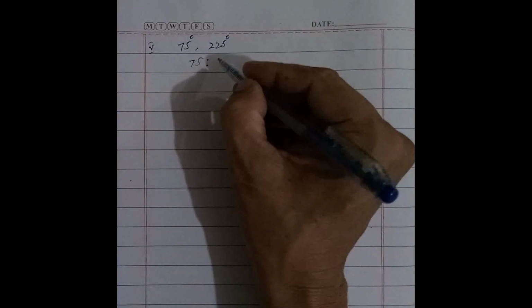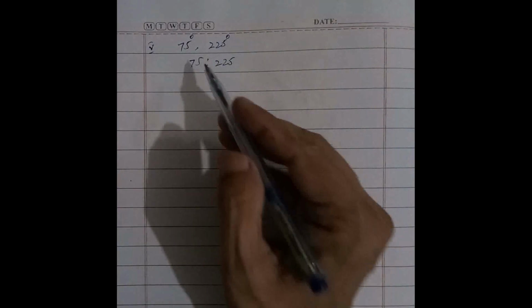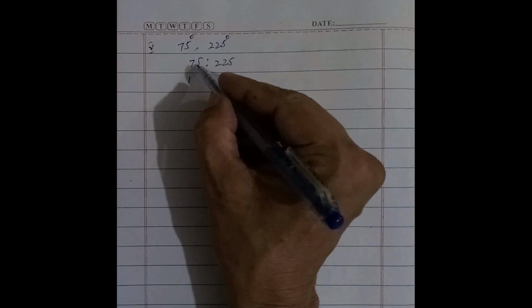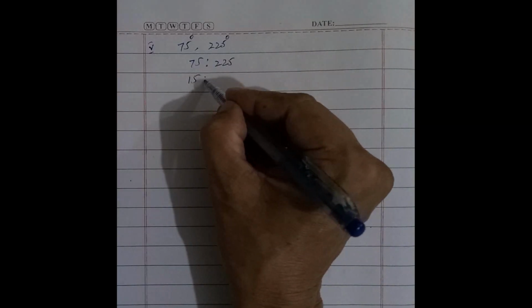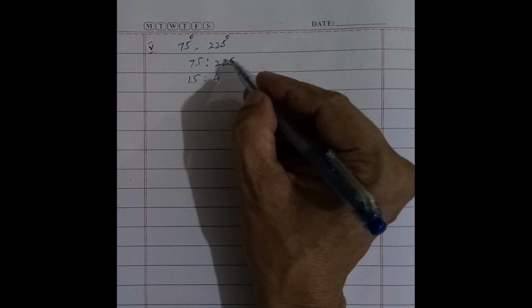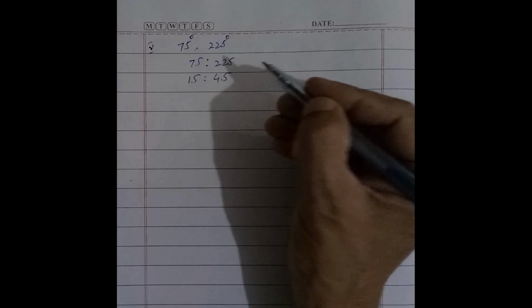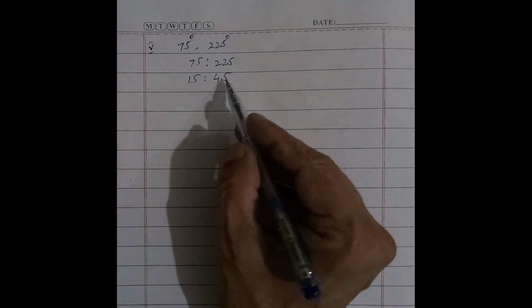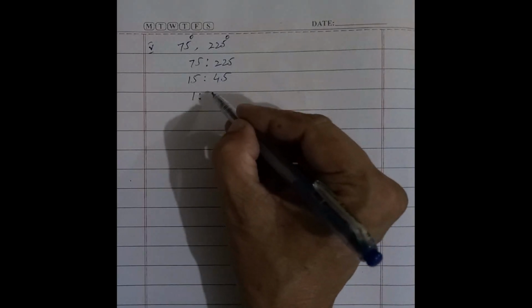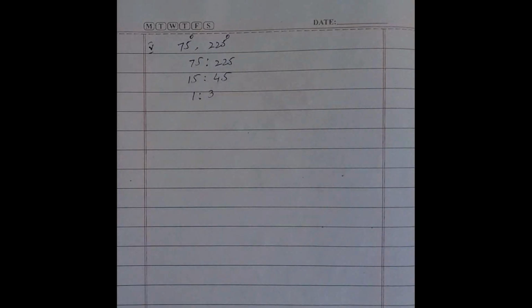75 ratio 225. First we divide both by 5: 5 ones are 5, 2 carry 25, 5 fives are 25, and the second is 5 fours are 20, 2 carry 25, 5 fives are 25. Then we divide both by 15: 15 ones are 15, 15 threes are 45.